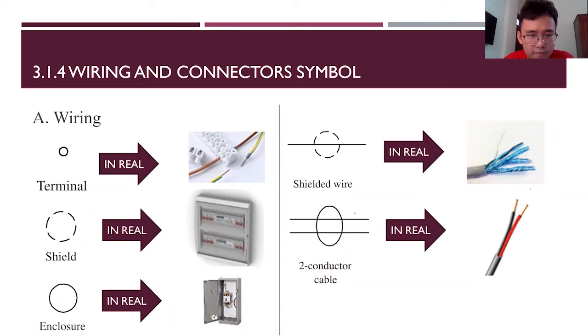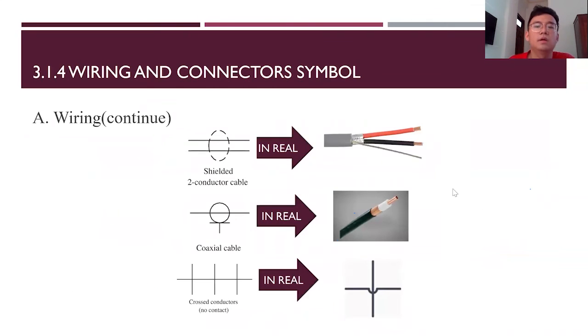For example, the terminals in reality connect wire with a device, and the shield protects the circuits. Moreover, we have enclosure, shielded wire, and two-conductor cables.